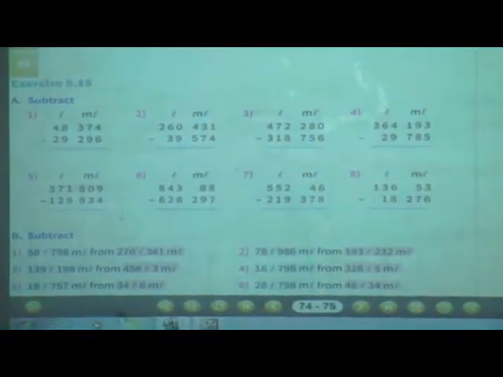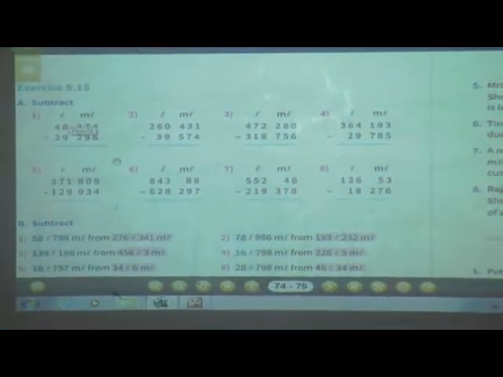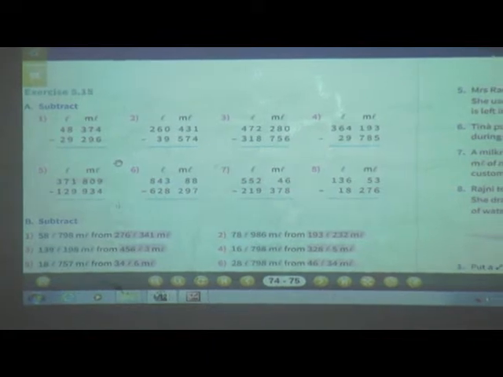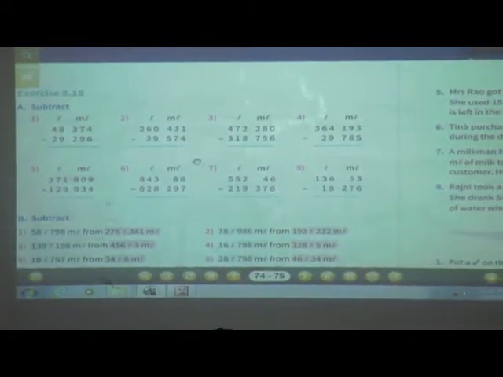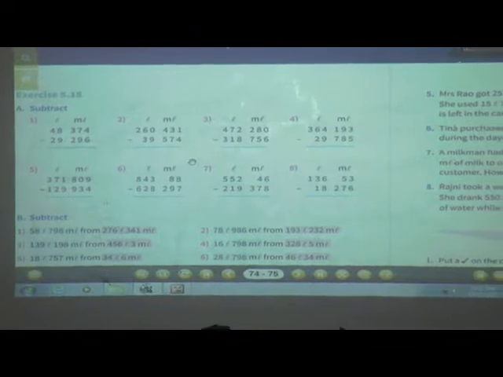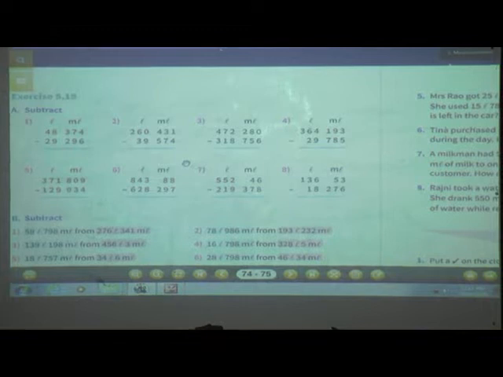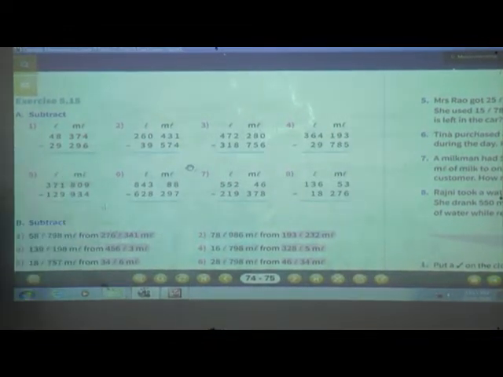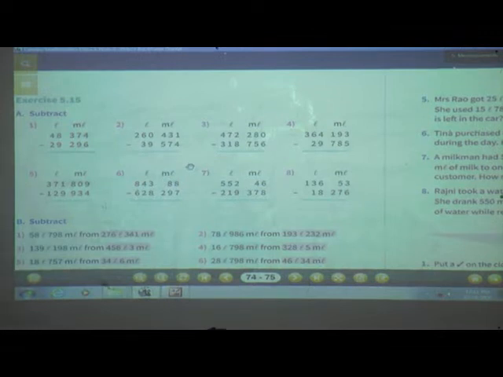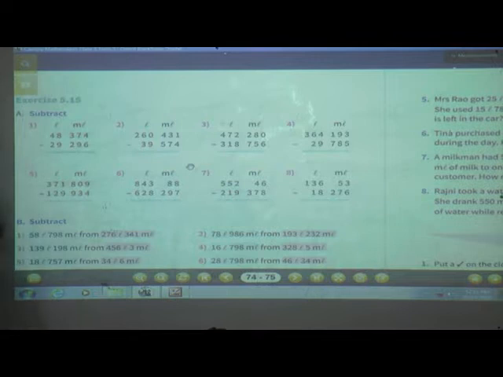See the first one. Here 48 liter 374 milliliter minus 29 liter 296 milliliter. Now here we have to do the subtraction. First we will subtract milliliters. 374 milliliter minus 296 milliliters.